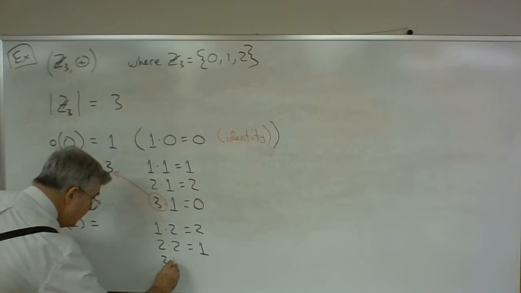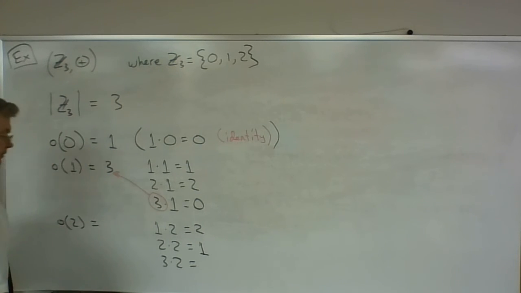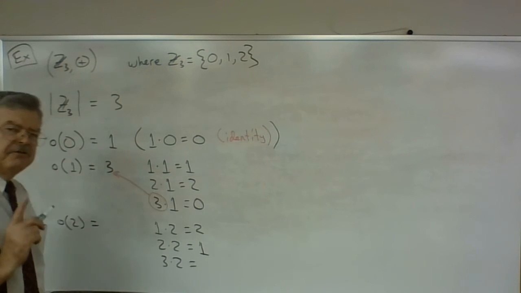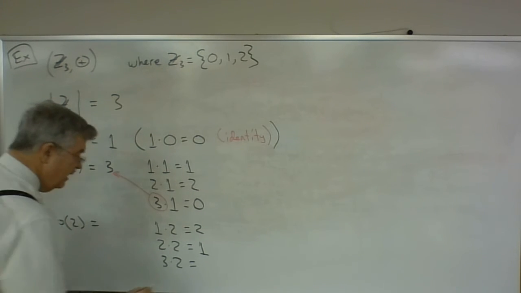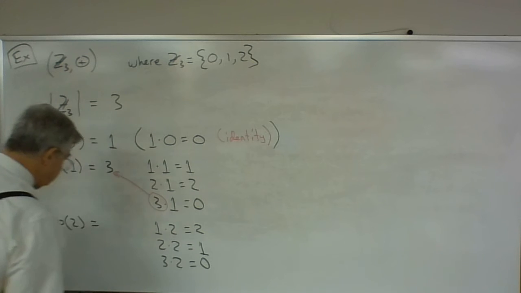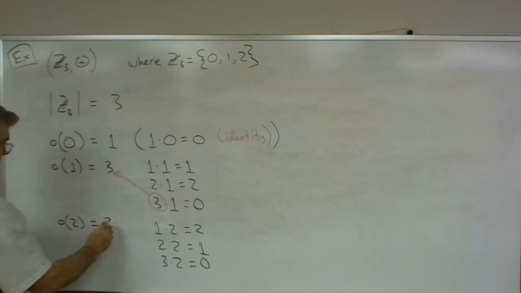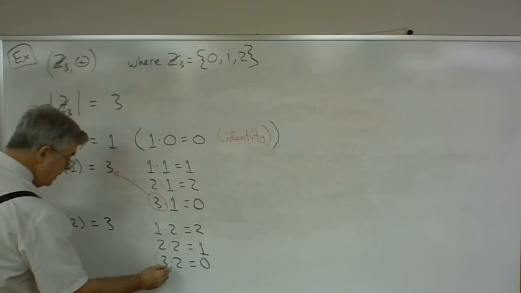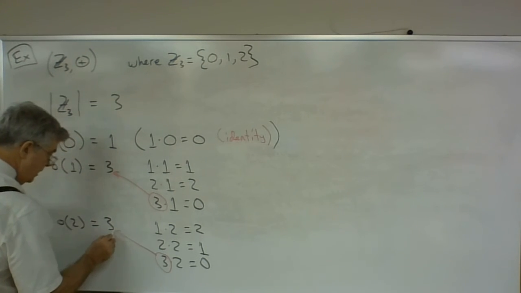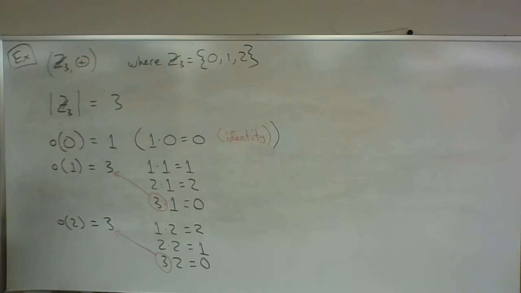And then 3 times 2 is 6, but 6 is 0 mod 3, okay. So the order of the element 2 is 3.